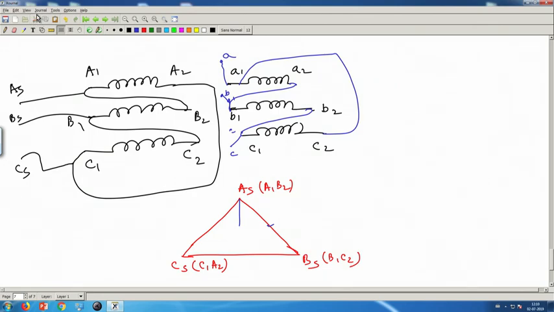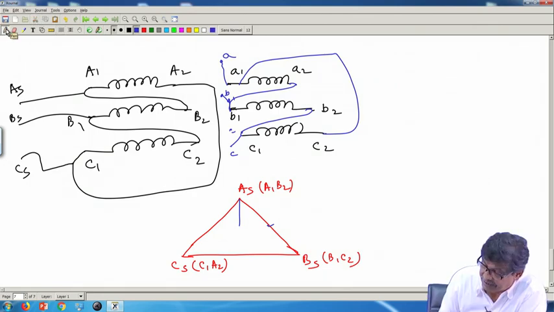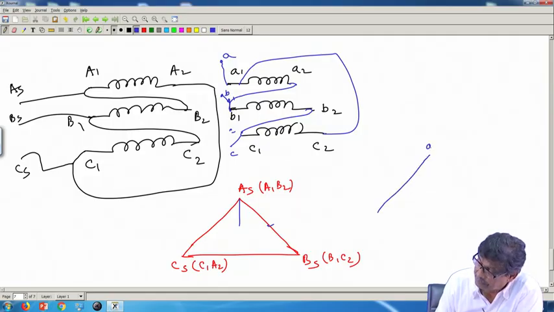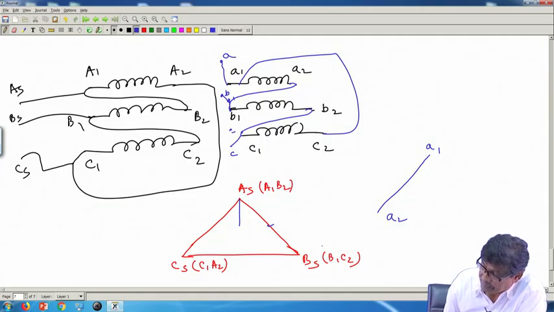What will be the phasor diagram now? On the secondary side, voltage A1 A2, here also it will be A1 A2, is it not? This is the thing. Now, B1 B2 parallel to this line, but B1 is connected to A2, is it?